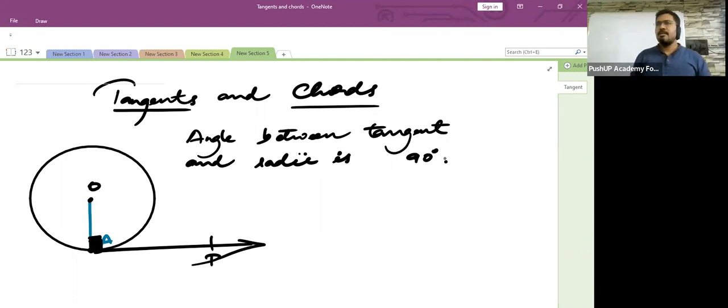Did you all write it? So whenever you apply this property, this statement you are going to mention. Angle between tangent and a radii is 90 degrees. Understood? Very simple to understand, children. Radius is there, tangent is there. At the point wherever it intersects, the angle will be what? 90 degrees. Okay. Second property.